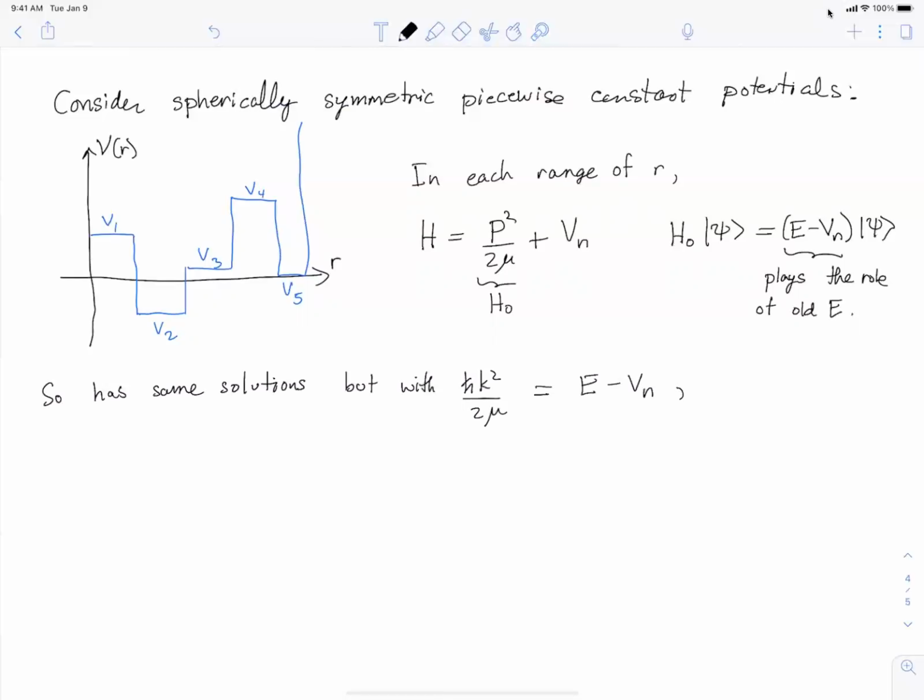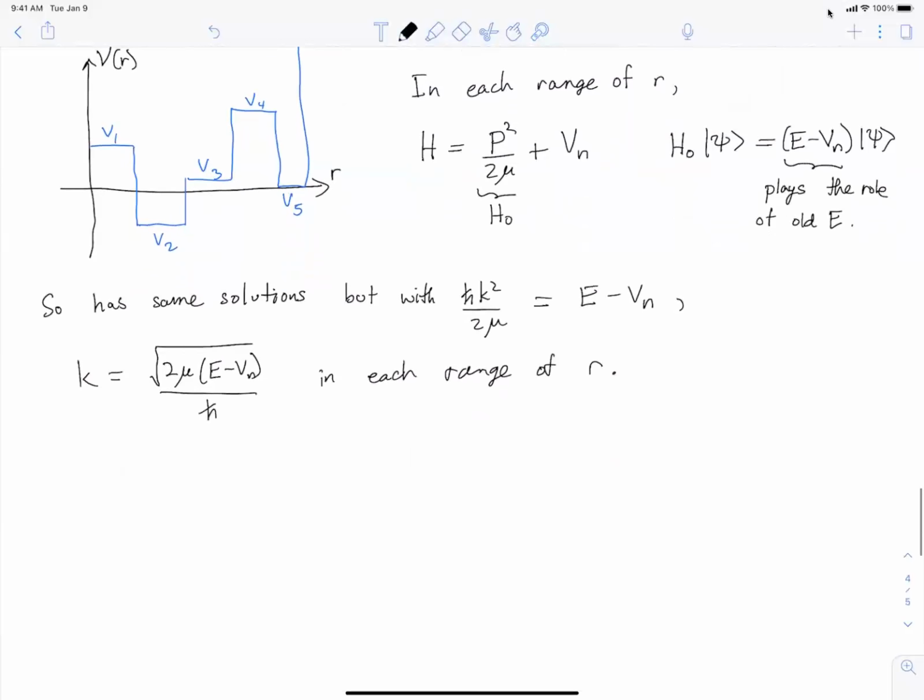And so in other words, k is going to equal square root of 2 mu times E minus the constant value of V, over h bar, in each range of R. So the E is the same, but the k's are different in each range of R. I should write that down.